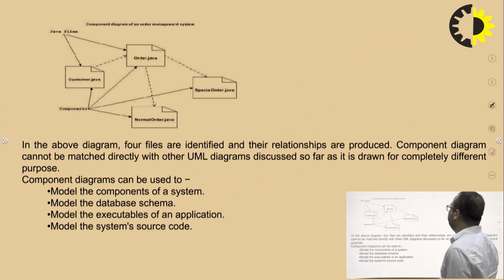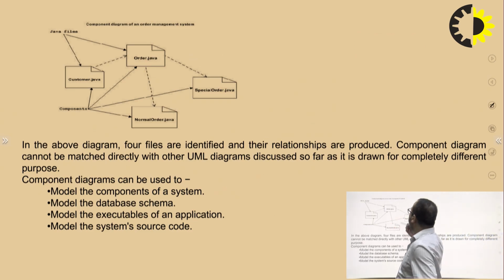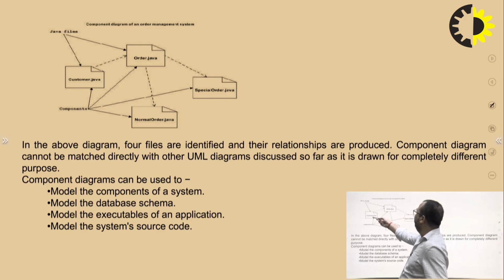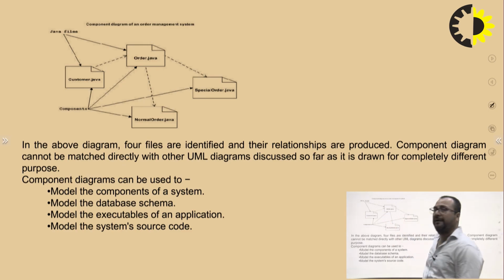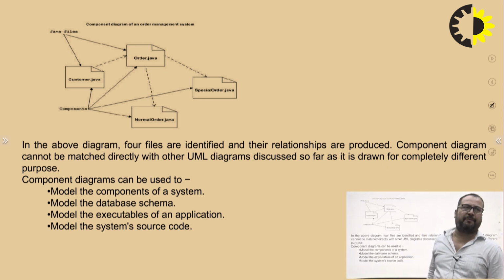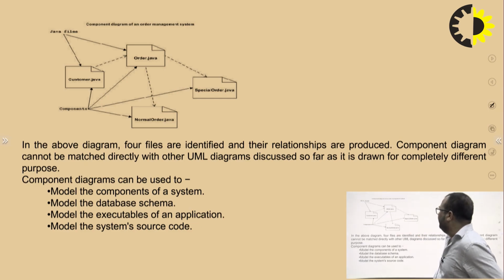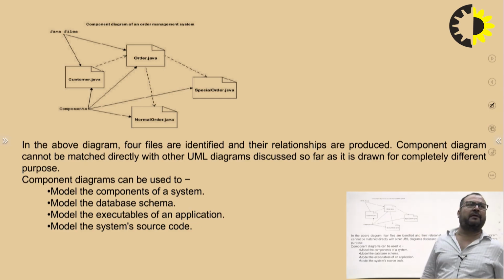So here, suppose we are going to model an order management system. There could be multiple files like Java files. Like one page we could have a home page, say customer page, order. These are all the different components we could have.